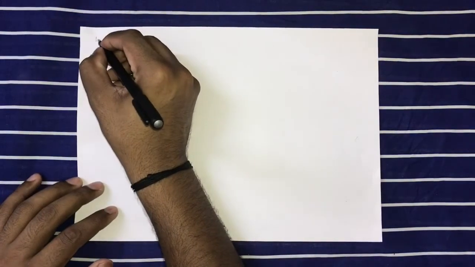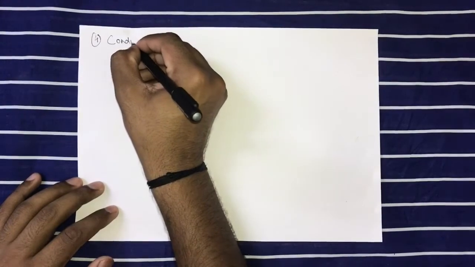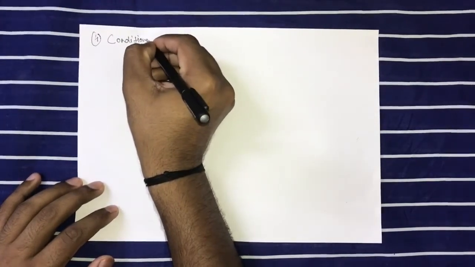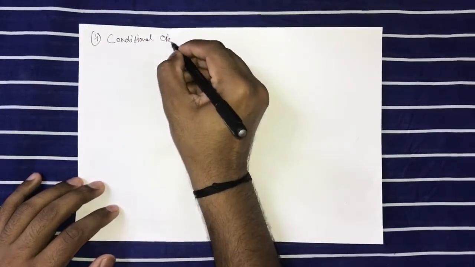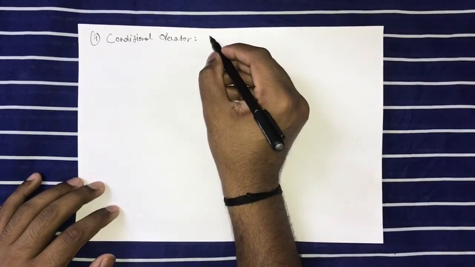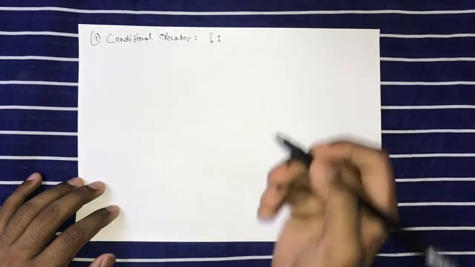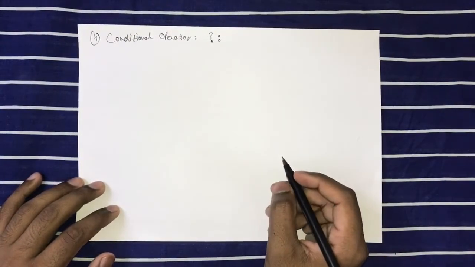So, our fourth category is conditional operator. This operator is represented by a question mark followed by a colon symbol. So how do we use it?